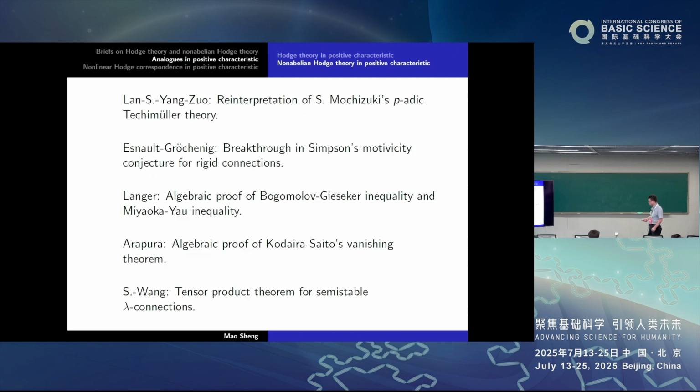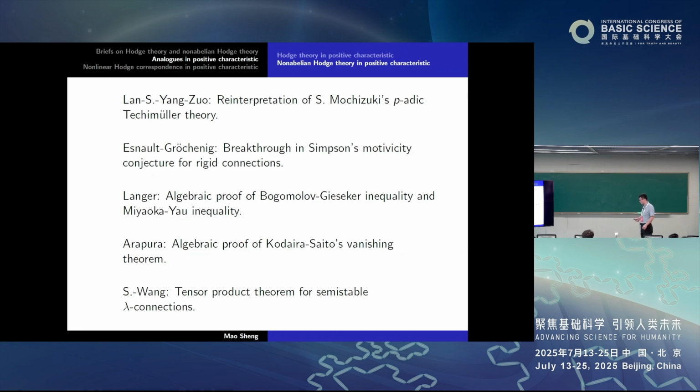And in my recent joint work with Wang Jianping, we also give an algebraic proof of the so-called tensor product theorem for semistable lambda connections. The classical statement is: given two semistable Higgs bundles in characteristic 0, we take the tensor product and its torsion-free part, and this is again semistable.